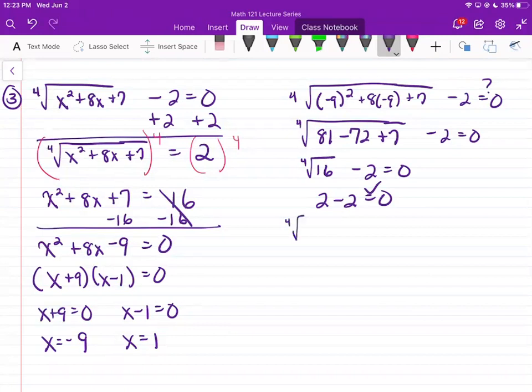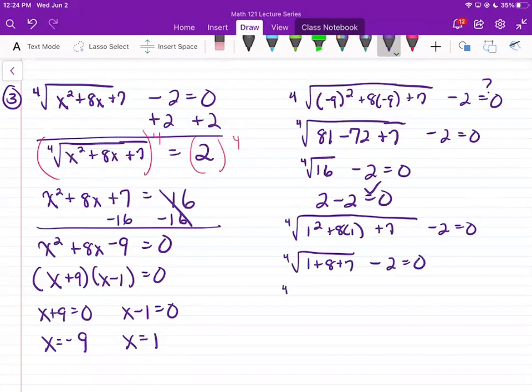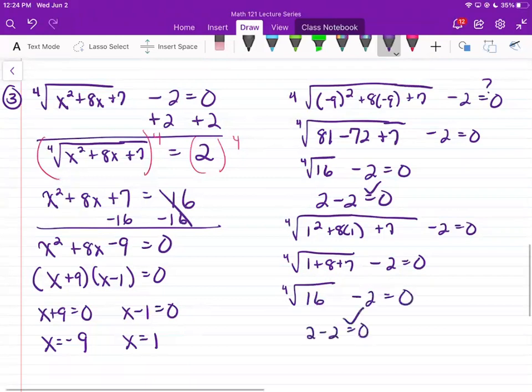Checking 1, we have 1 squared plus 8 times 1 plus 7 minus 2. Again, that gives us 1 plus 8 plus 7, resulting in the fourth root again of 16 minus 2, which is 2 minus 2, which equals 0. And both solutions work.